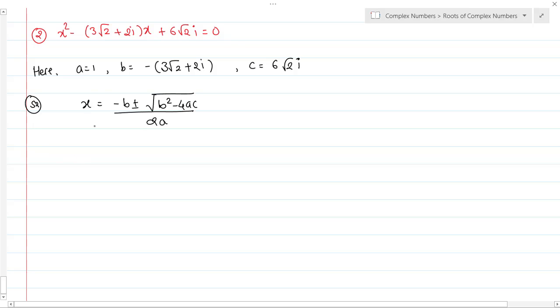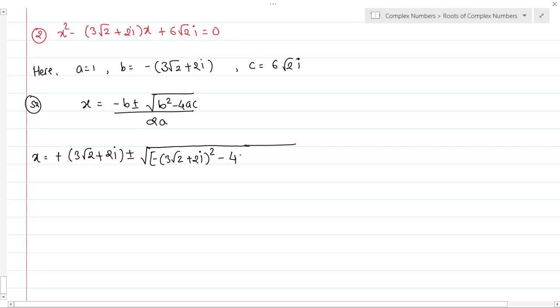So let's substitute the values of a, b, c here. x is equal to minus b, which is minus minus plus 3 root 2 plus 2i, plus or minus root of b square minus 4ac. The square of the negative term, minus of 3 root 2 plus 2i, squared, minus 4 into a into c.